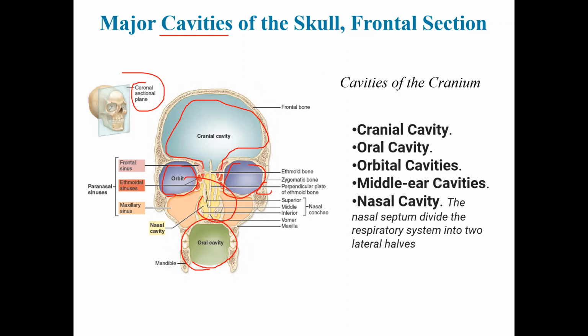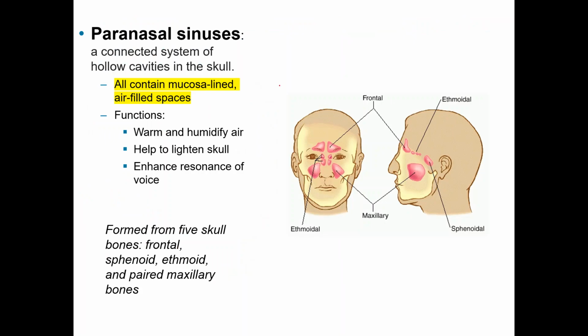Now, other cavities that we recognize, they're smaller, are the paranasal sinuses, which are special cavities because they contain air-filled spaces which are lined with a mucosa.